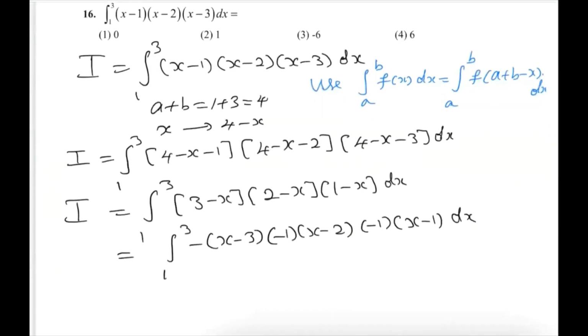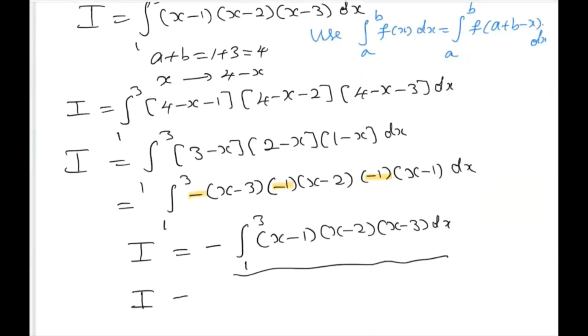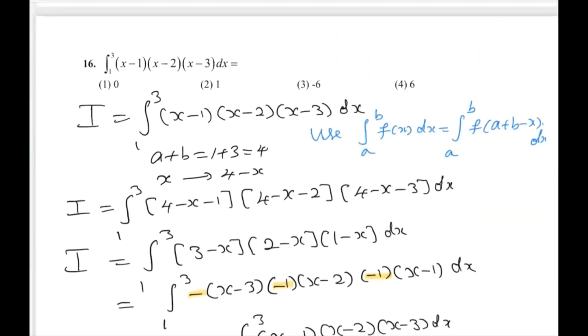So the product of minus 1, minus 1, minus 1, you get minus I equal to minus of the integral from 1 to 3 of (x minus 1)(x minus 2)(x minus 3) dx, which is nothing but the given problem I. That is, I equals minus I. Transposing this to the left-hand side, 2I is 0. Therefore, I is 0. So the correct option is 0.